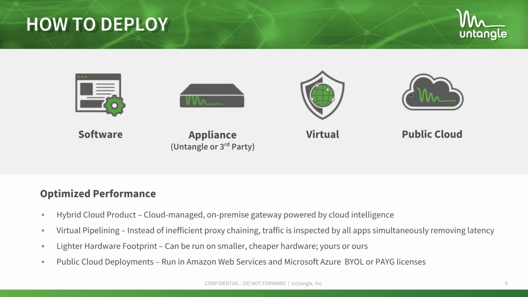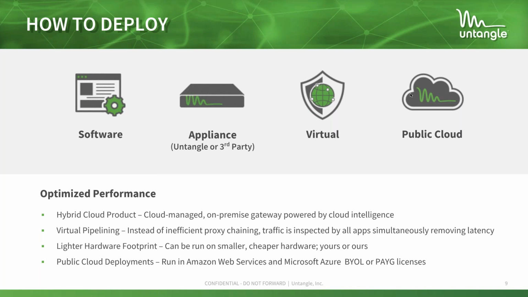The analogy I use when I do these demos or webinars in pre-sales is that other devices that use proxy chaining are an assembly line. Untangle uses virtual pipelining, which is more of a dog pile. So an HTTP packet comes across Untangle. All of Untangle's apps see it and immediately pile on and inspect it. If one of those apps needs to take action based on its conditions, it does.